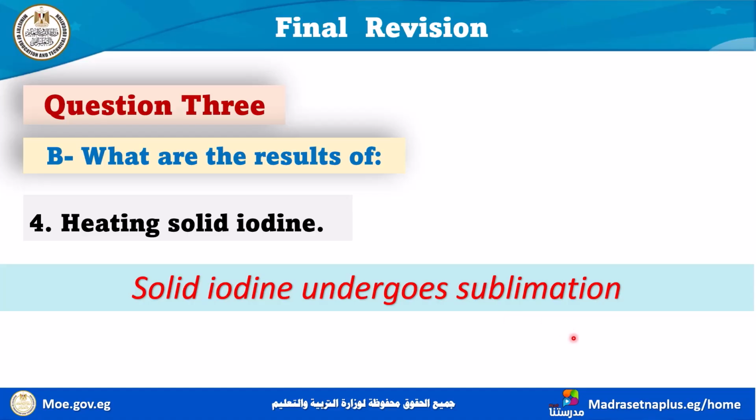It changes directly from the solid state into purple gas, into the gaseous state, without passing through the liquid state, of course, under the normal atmospheric pressure. So, solid iodine undergoes sublimation. It changes directly to the gaseous state without passing the liquid state.